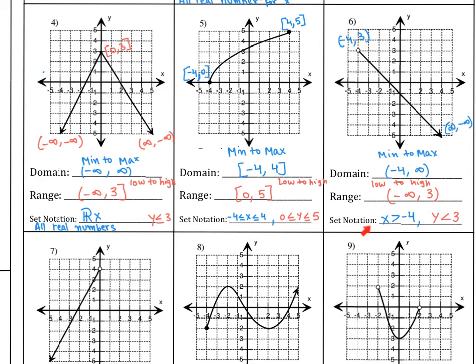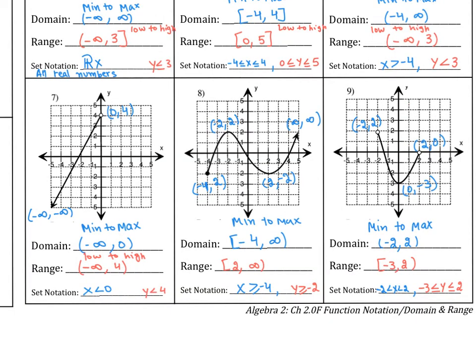Set notation is going to be that x is starting from -4 and increasing its value. So x is greater than -4, where y is starting from 3 and going down. It means y is less than 3.